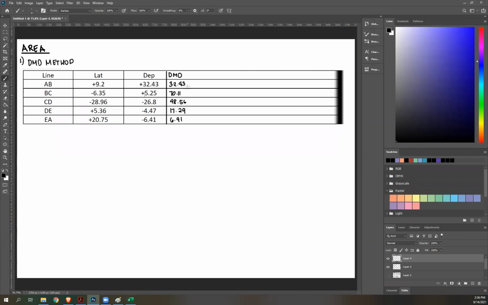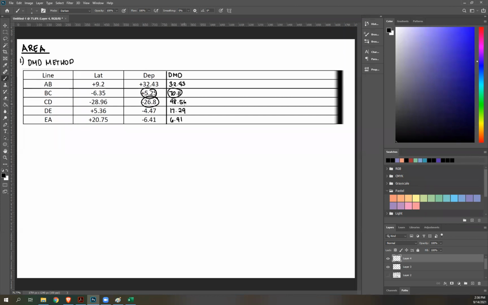Okay. So again, first DMD is just copying the first departure. Next, 32.43 plus 32.43 plus 5.25. This is what you get. 70.11. Next, for line CD, that's previous DMD. So 70.11 plus 5.25 minus 26.8.